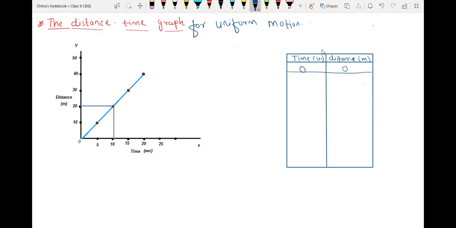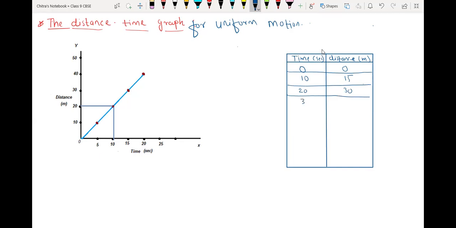At the time 0, the distance traveled by the object will be 0. After 10 seconds, the object travels 15 meters of distance. After 20 seconds, the object travels 30 meters.